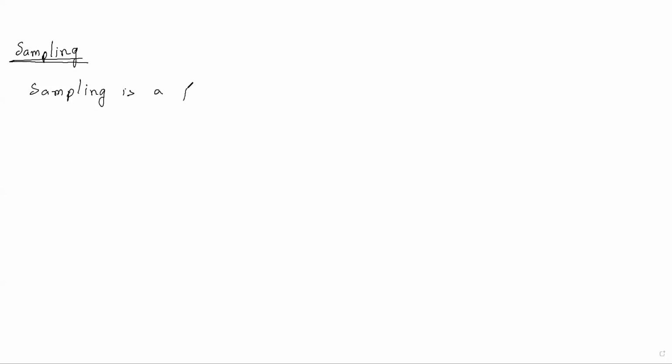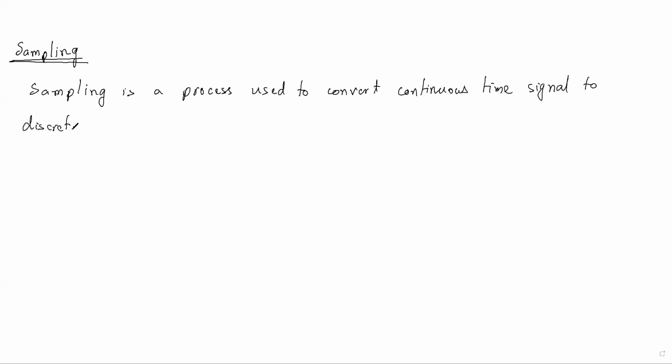Sampling is a process used to convert a continuous time signal to a discrete time signal.